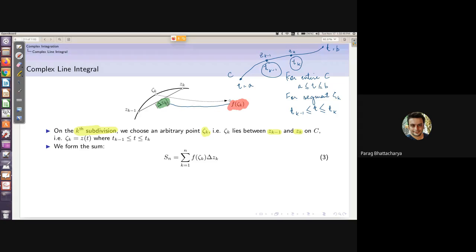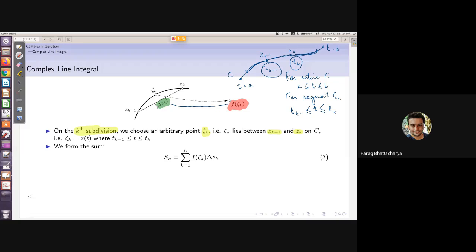For this subinterval, we are going to get a product, f of zeta k times delta z_k. Then for the next interval, and the previous interval, you do the same thing. For each of these segments on the curve, you find f of zeta k, multiply it with delta z_k, and then take the sum over the entire curve.